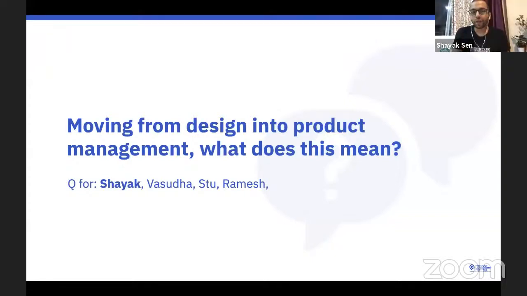Yeah, so it's definitely possible, and in my career I've seen an equal number of people who have moved, I would say a little lesser number of people who have moved from design and made a successful transition to product management, and a slightly larger number of people who have moved from design to product and have come back to design again, right?